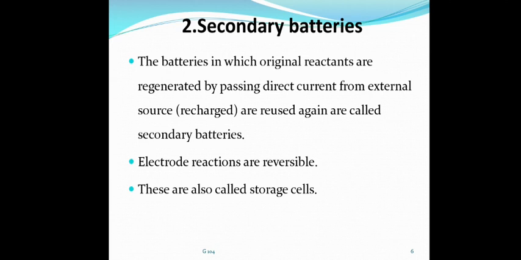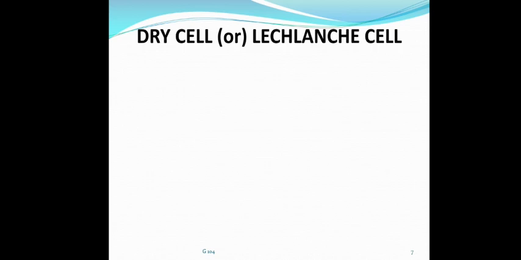That's why these batteries are called storage cells. Examples are the lead storage battery, or lead acid battery, or lead acid cell, and also the nickel cadmium cell. Let's study about the dry cell or Leclanche cell.